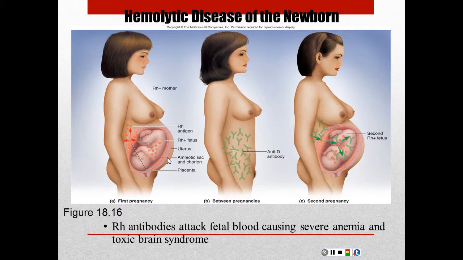Now the second pregnancy with an Rh positive fetus may result in the fetus being affected by the anti-D in the mother's plasma, which passes through the placenta.